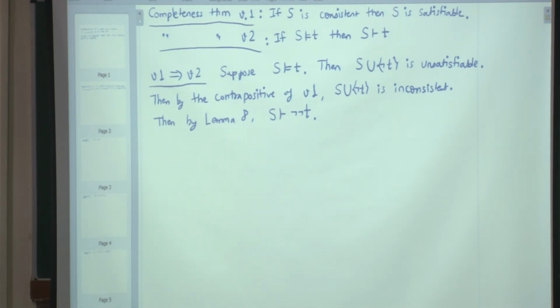And then what do we use? LA3. By LA3 and monotonicity, this happens, and as a consequence we get this.